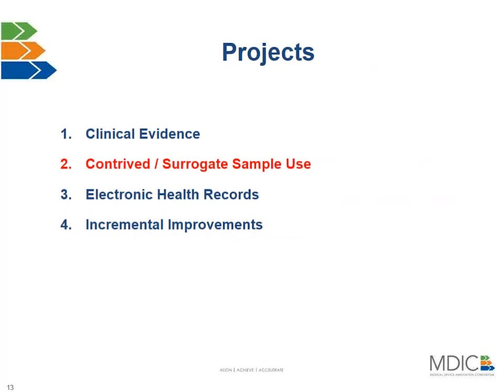And lastly, what's behind incremental improvements and what needs to be done to validate those, or how companies approach those things. In general, these were the 4 topics that we chose. The one that has really taken off, and which April is going to be presenting today, is what we have done with contrived and surrogate sample use.